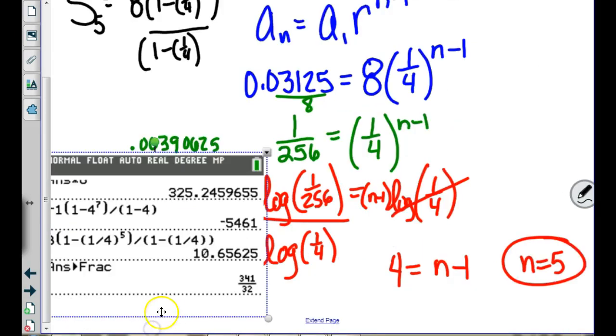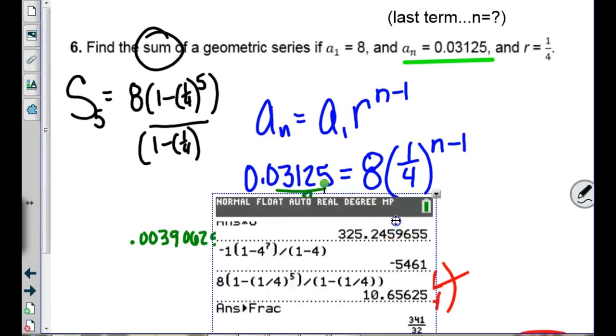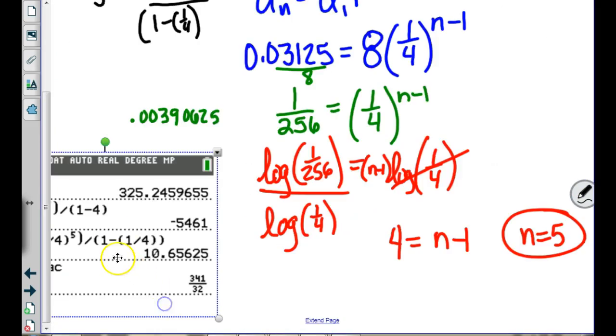So the sum is this number right down here, one of these two answers.